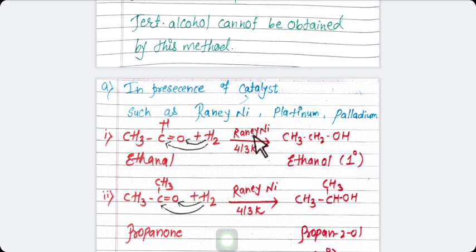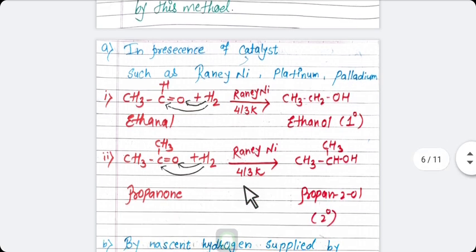I am using Raney nickel as a catalyst at 413 Kelvin. In place of Raney nickel, you can use platinum or palladium, any one of the catalysts.